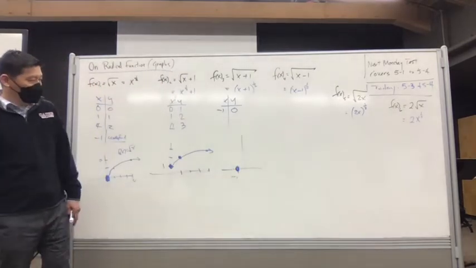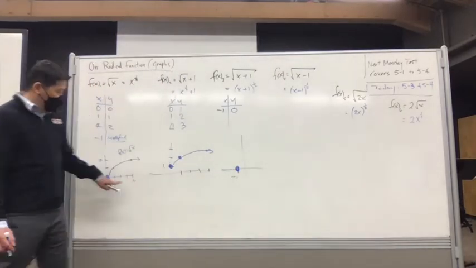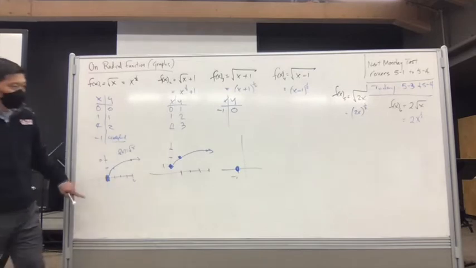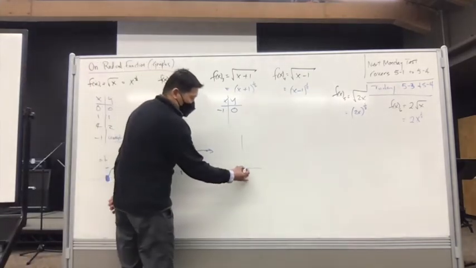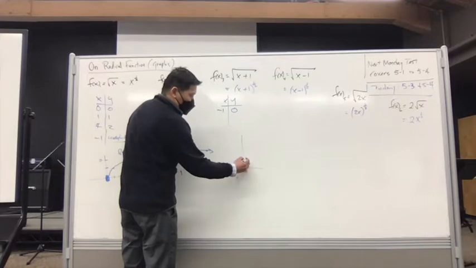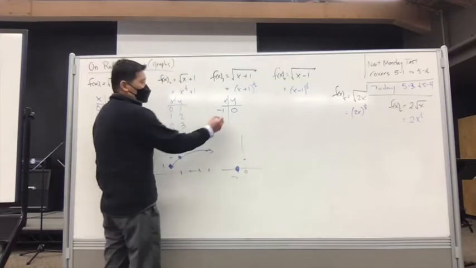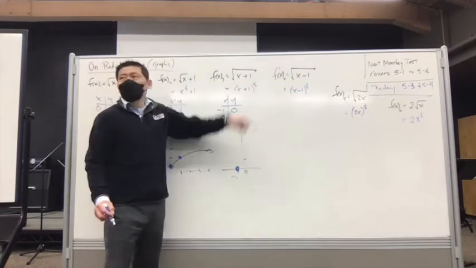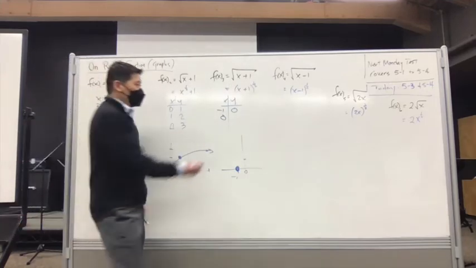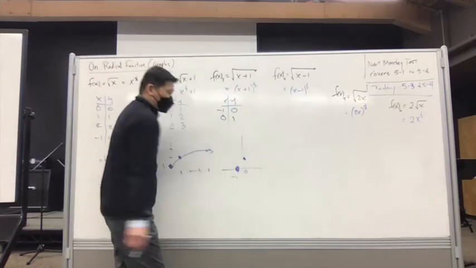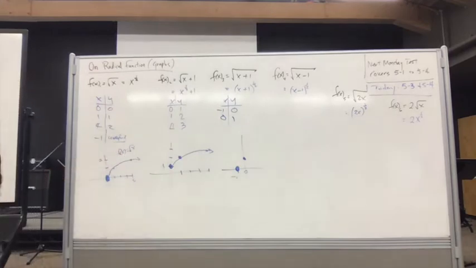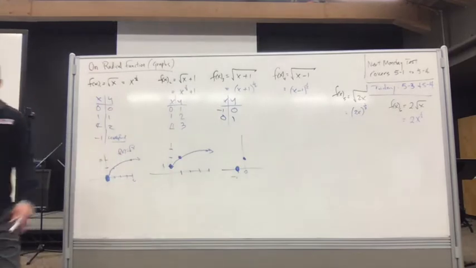So I would imagine the next one, 1 becomes 0, 1. So I'm going to venture to guess 0, 1. That would be our next point. If I put 0 in here, 0 plus 1 is 1, square root of 1 is 1, so 0, 1. What would it be, 4, 2, maybe 3, 2?